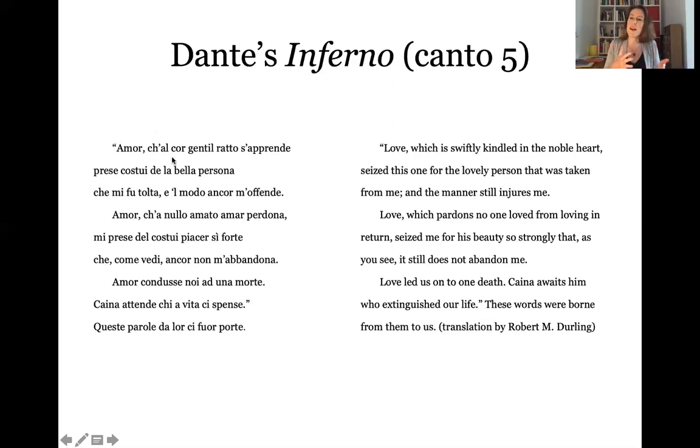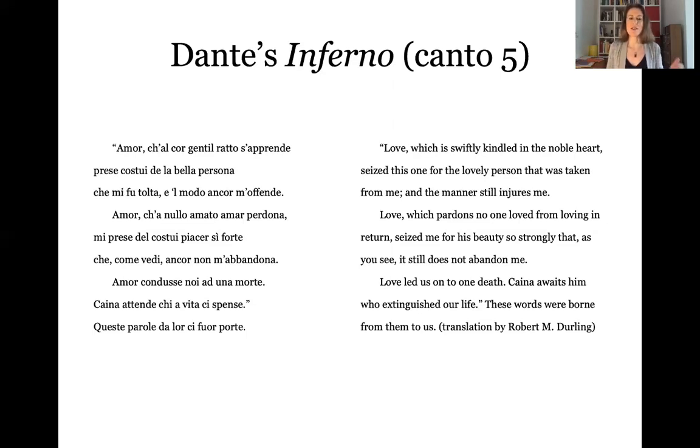So you'll notice, if you look carefully across the page, that in each case she says it's love who's doing all the things, right? She makes love the agent in each of these moments that lead to her death, right? So she talks about love naturally is kindled in all noble hearts. And so her lover, Paolo, had to fall in love with her because of the way in which this just sort of naturally happens to him.